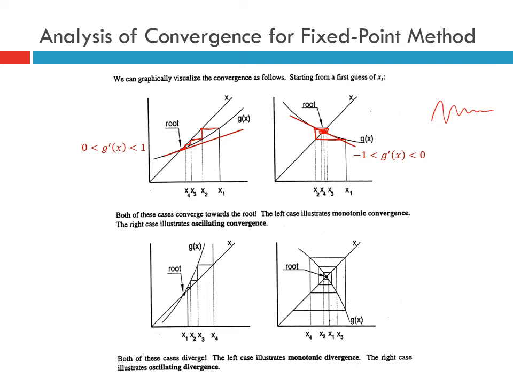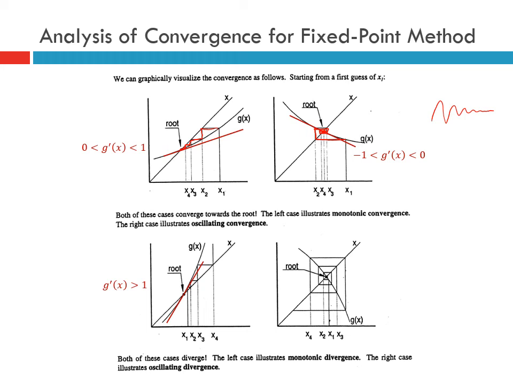So again, both of these cases converge towards the root. The left case illustrates monotonic convergence, and the right case illustrates oscillating convergence. In the lower 2 graphs here, these both illustrate divergence. In the first one, the derivative of my g of x is positive, but it's greater than 1. So that means it's going to diverge monotonically.